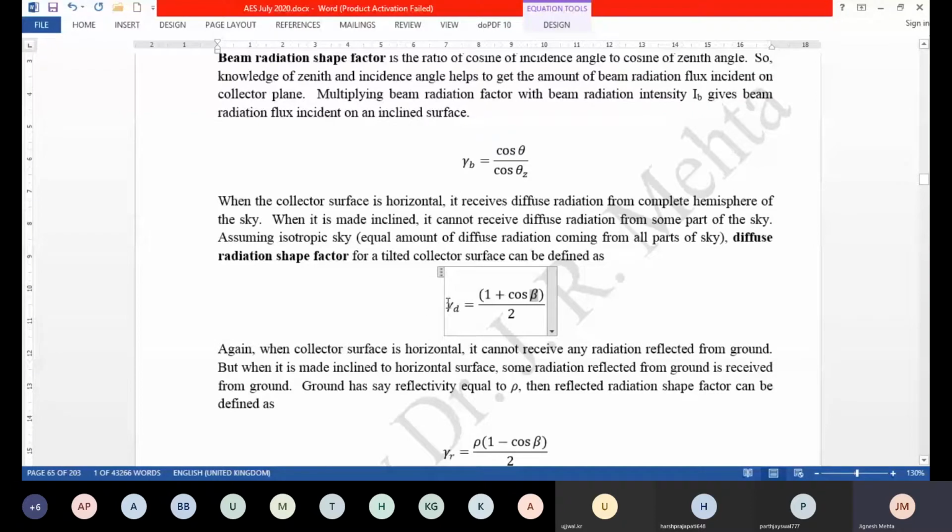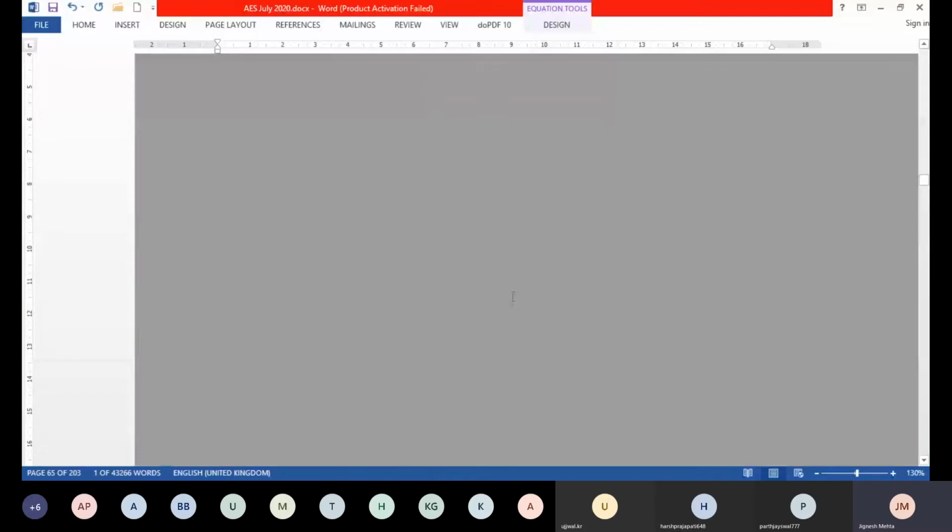Right, so the value of gamma d would be between 0.5 and 1: 1 for the horizontal collector, and 0.5 for the vertical collector. So that is about the diffuse radiation shape factor.